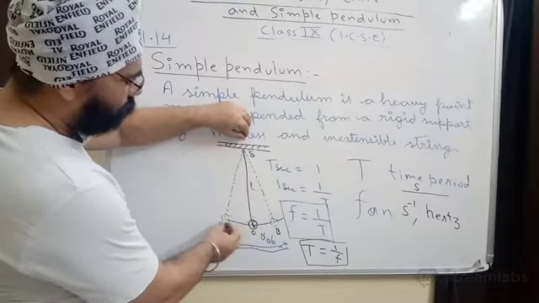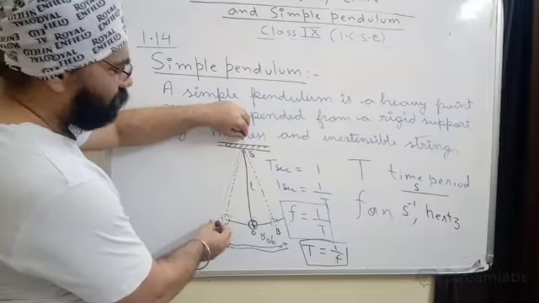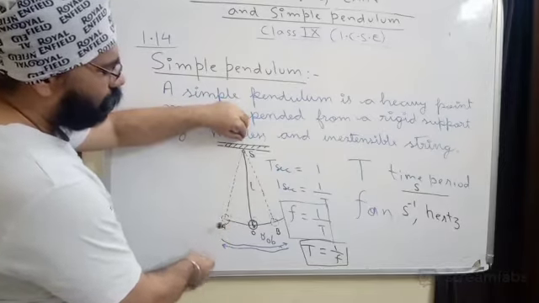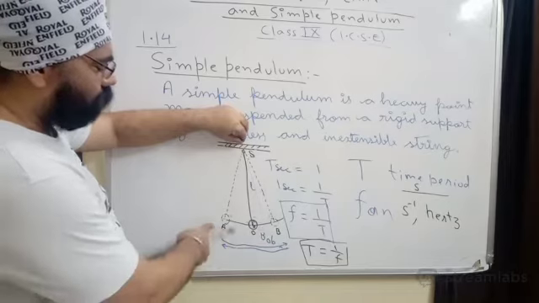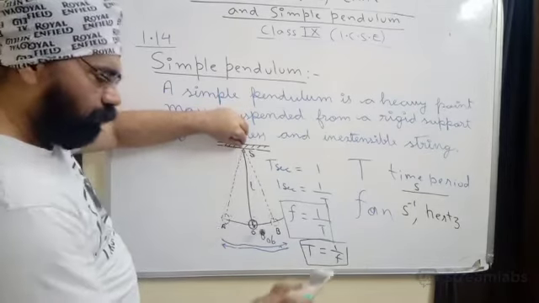Now what I do is I disturb it from its rest position and then I let it go. Once it starts swinging, it comes over here and I start my stopwatch.